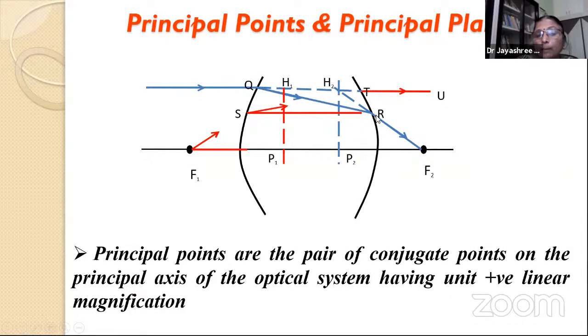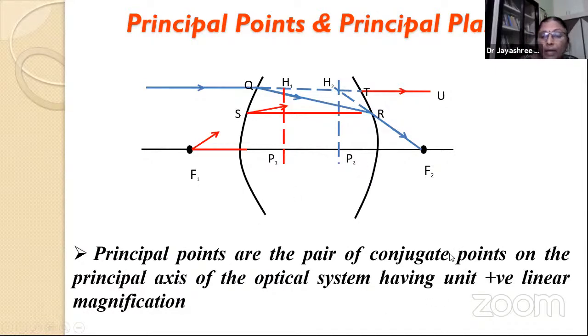What is the path that should be traversed behind the second surface? Whenever it converges at a particular point, due to the presence of the second surface, that is the second focal point. Due to the first surface, whenever it emerges, suppose I extend this, then this is F1, and these are the planes H1P1 and H2P2.